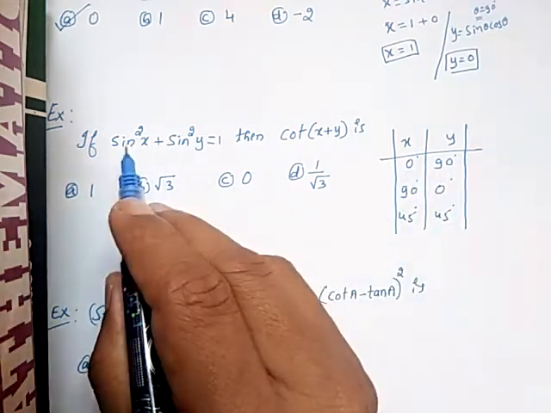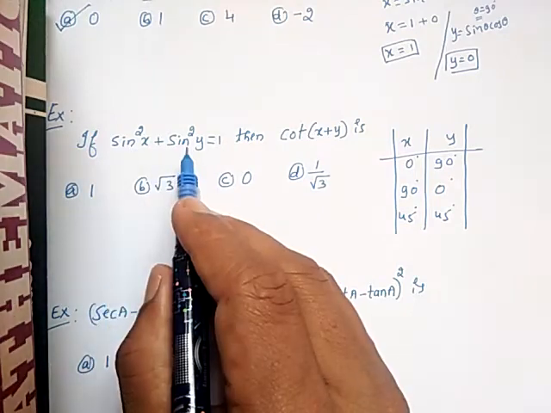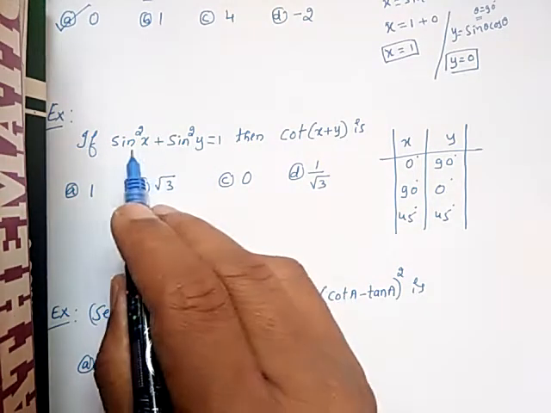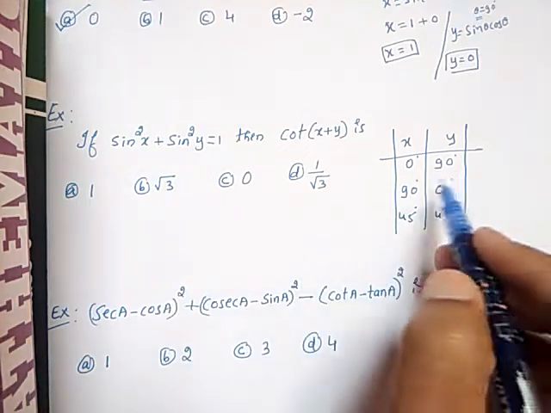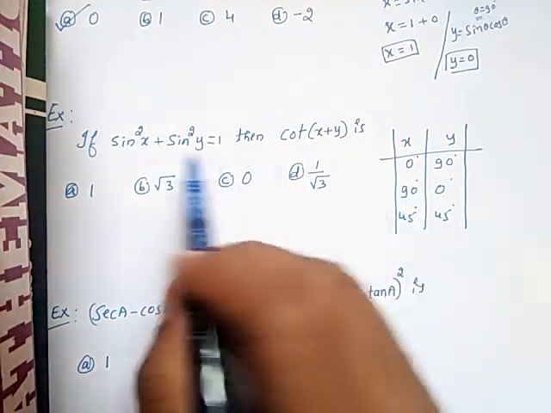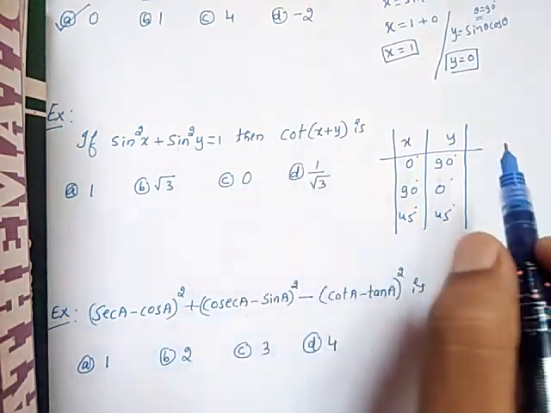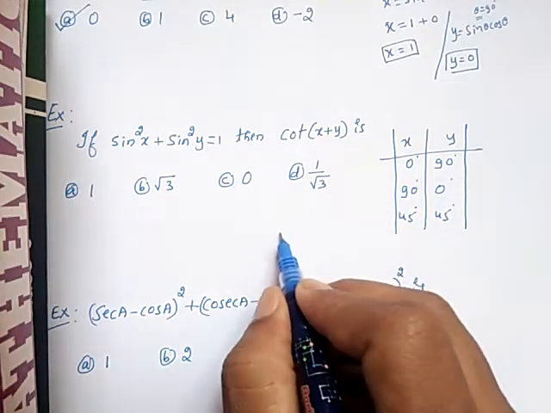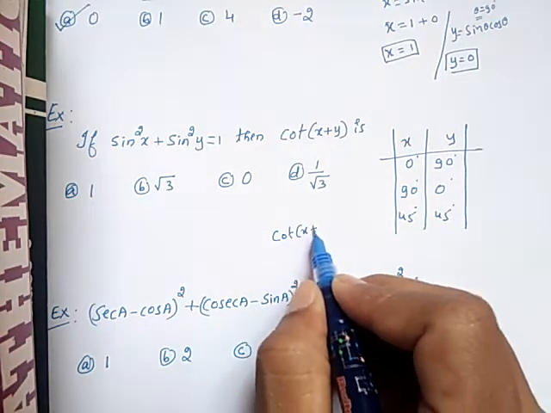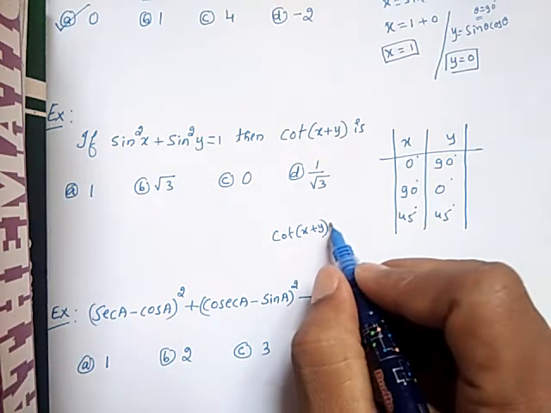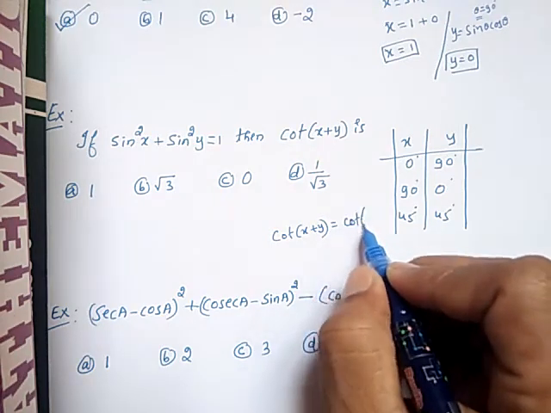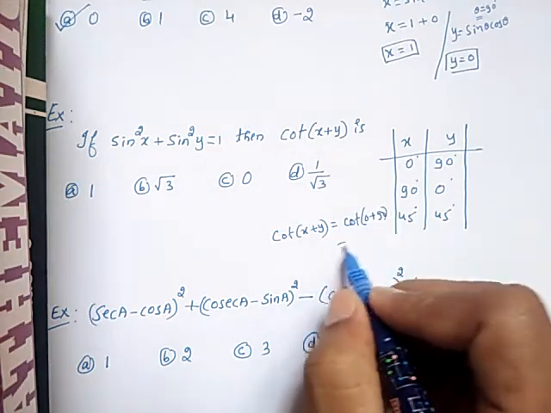So now here sin 0 is 0, sin 90 is 1. So 0 plus 1 is 1. So anyone you can take here, so that you will get the value 1. I will take in cot (x plus y), like this, cot (0 plus 90). So this will be cot 90.